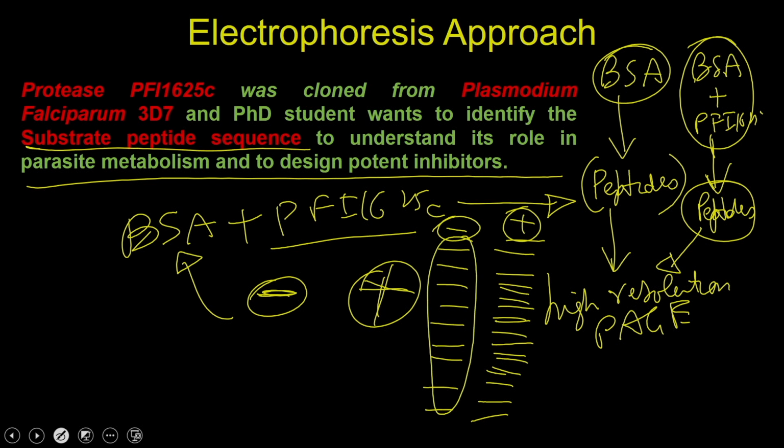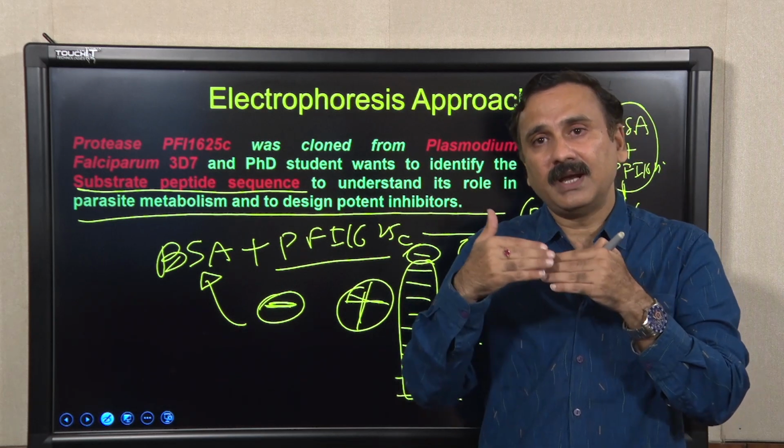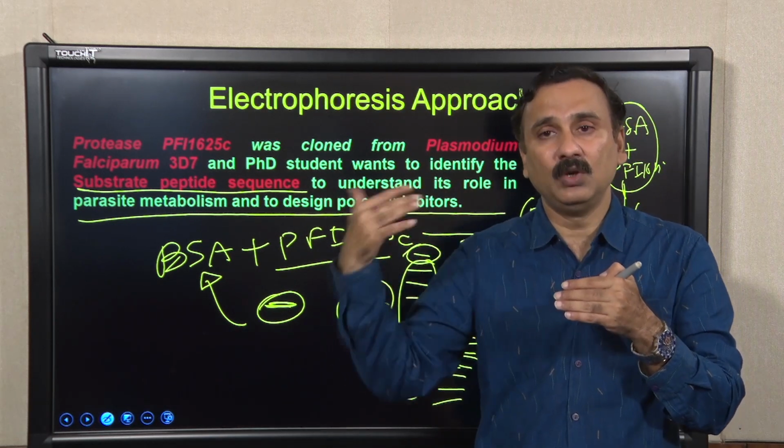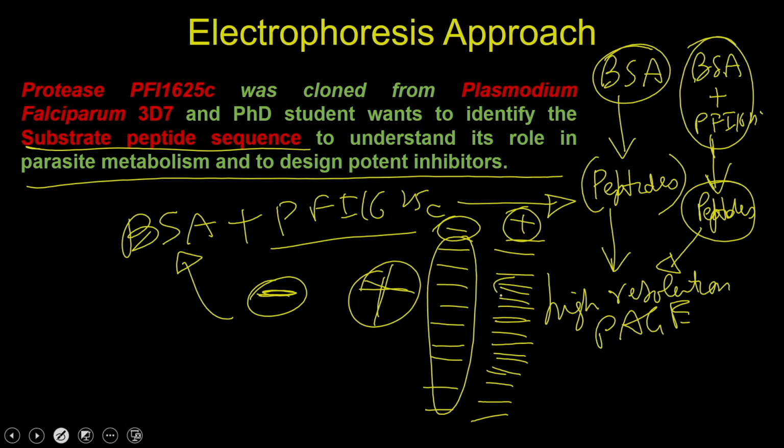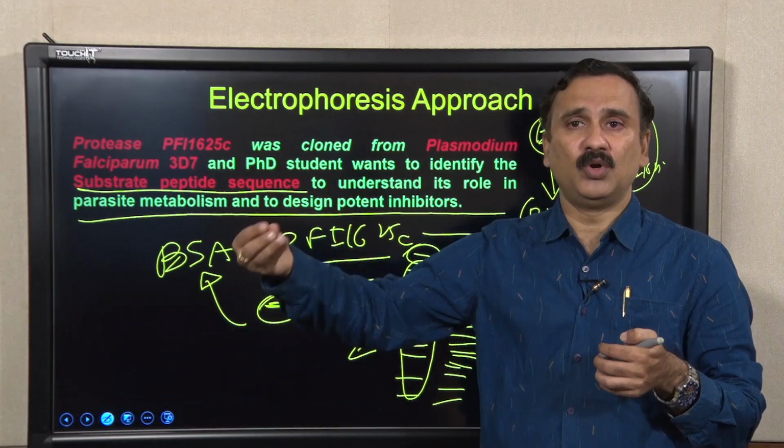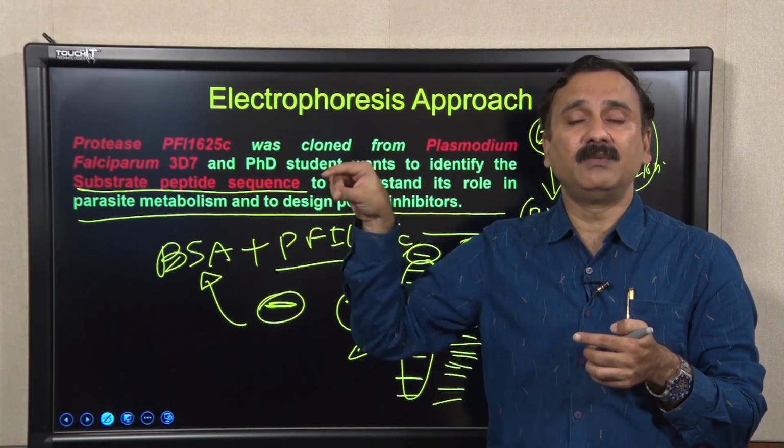If you do image analysis and a subtractive analysis, you will see that some bands are common between them, whereas some bands are reappearing and some are new. Once you see the new bands, you can simply take them out of the gel with the help of electroelution, or use some other technique to extract these protein bands, and then go with proteomics approaches and identify these peptide sequences.